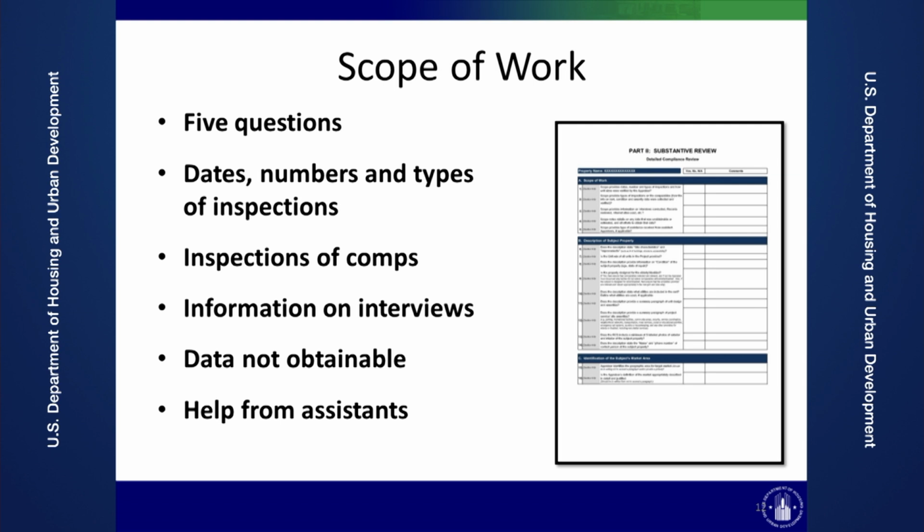Information on interviews that the appraiser may have taken with people living in different properties. An explanation of data that was not obtainable. If you couldn't get information on certain properties or you couldn't find something, then that needs to be explained. And help from any assistants that are assisting with the work.